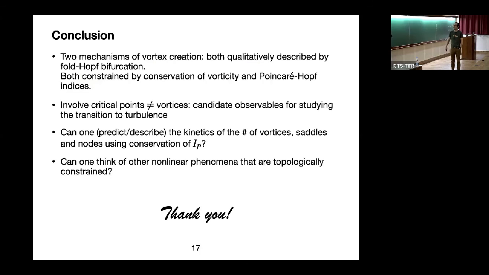And maybe this can help to understand the kinetics of the number of vortices, saddles, etc. We're also thinking about other nonlinear phenomena where this topological constraint can be important. So to wrap up, thank you.